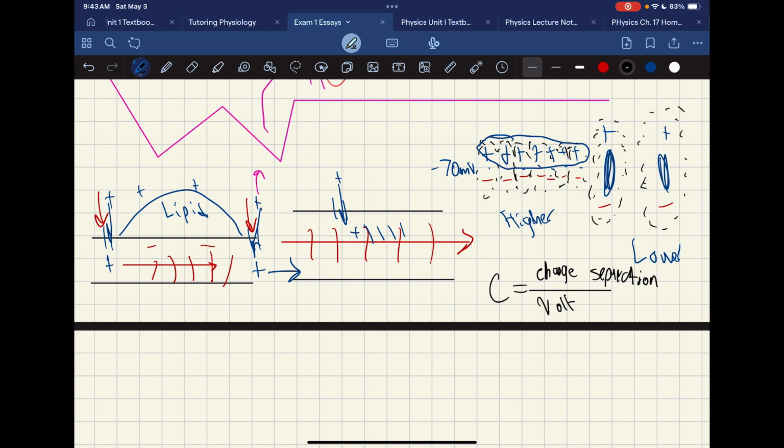And that's kind of what we explained here. The greater the separation, the more voltage, allowing for that increased capacitance.